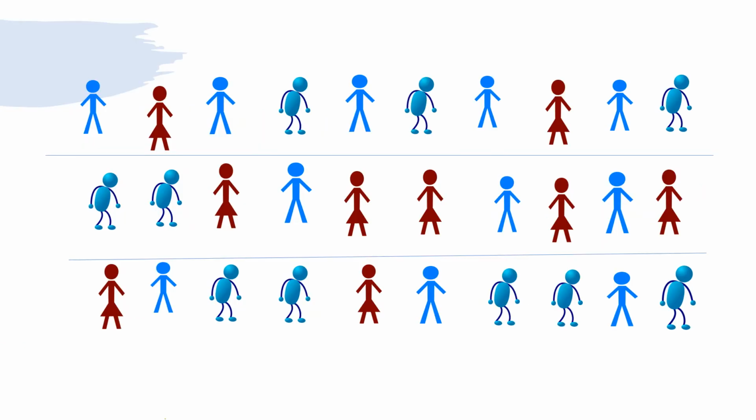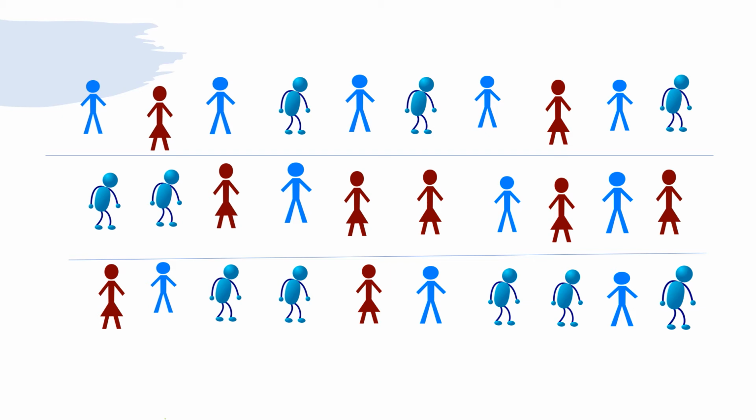Let's take an example. We have a community which has 3 buildings in it, and in each building there are 10 members. We have some elders, men and women living in those buildings. Now, let us assume that we are trying to pick 2 male, 2 female, and 2 old people.